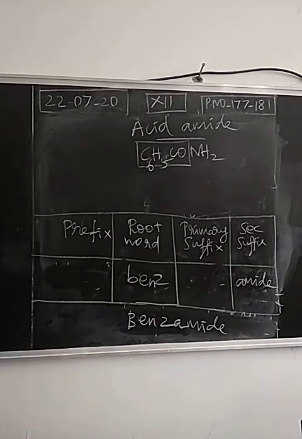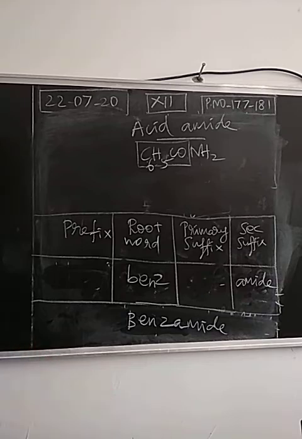Next, preparation, properties and uses of derivatives of carboxylic acid, that we will discuss tomorrow. Today we have completed the reducing nature of formic acid, tests for carboxylic acids, acid strength of carboxylic acids and how it is related to the acidity constant, then the factors that influence acidity, like electron withdrawing groups and electron releasing groups, then reactivity of derivatives of carboxylic acid.